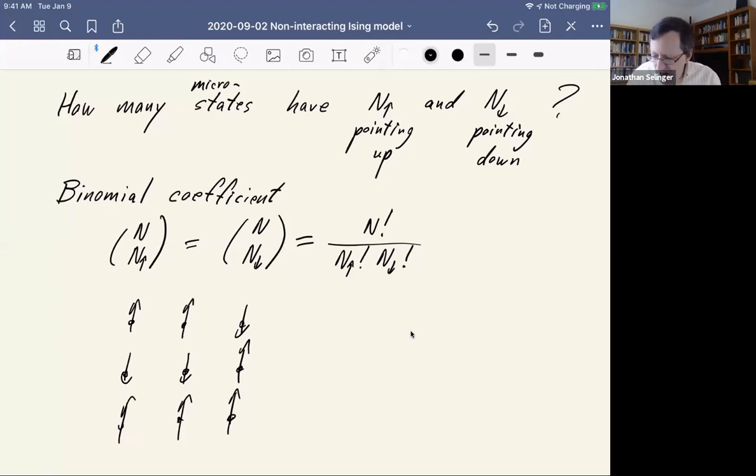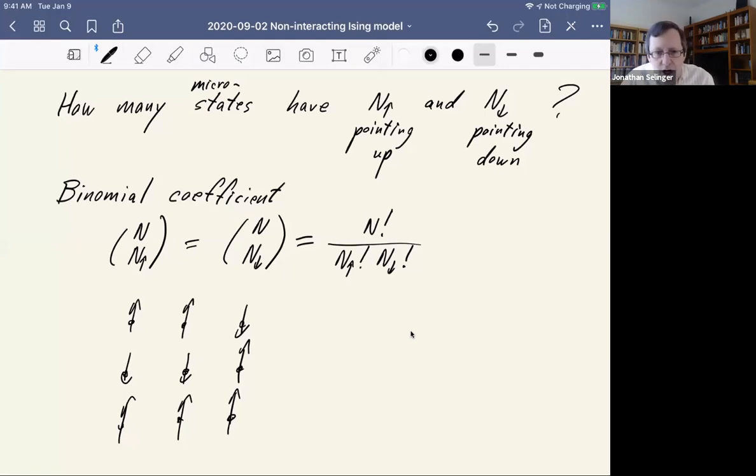Okay, so this is the answer to the question of how many microstates are in this macrostate. This is the classification problem.